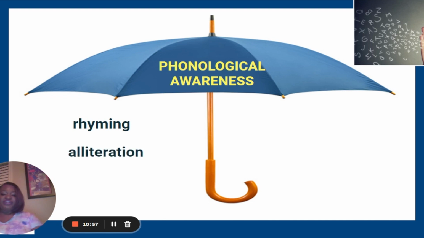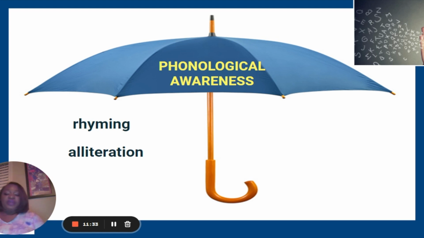Our next phonological awareness skill is alliteration. Alliteration is when the initial sound is highlighted in many of the words in a silly phrase or a sentence. For example, I think we are all familiar with Peter Piper picked a pickle, or a big brown bug bit a bear.